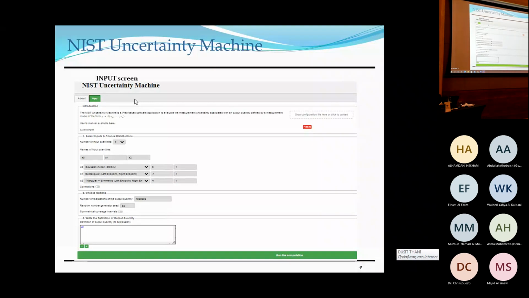So you have to assign the number of quantities.